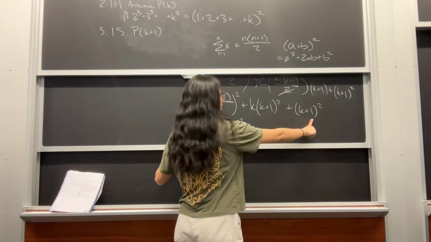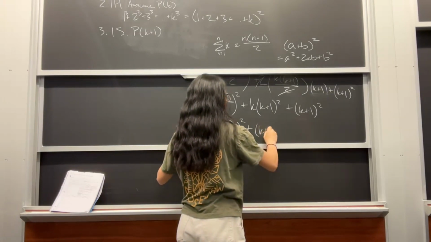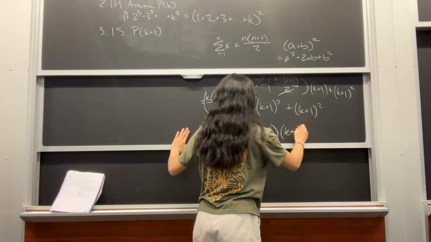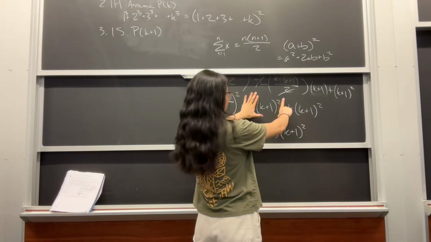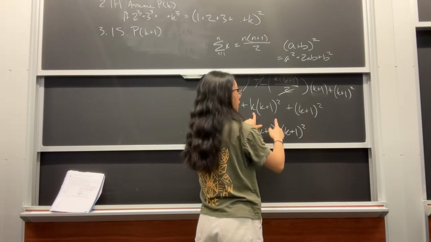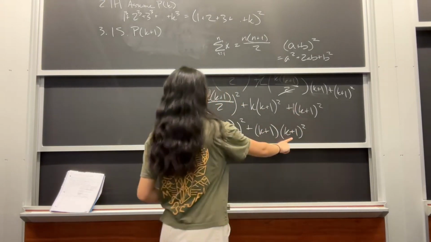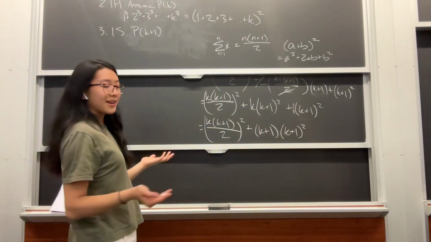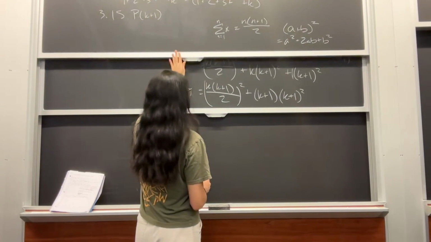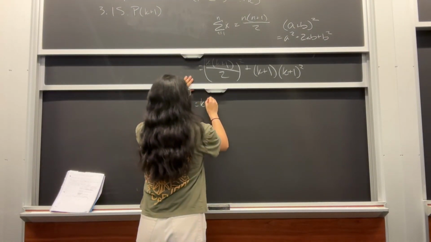And then we're going to factor this out, right? Because we're going to get k plus 1 as our first term times k plus 1 squared, right? Because we're factoring out that k plus 1 squared, and we have a k times k plus 1 squared here, and then that imaginary 1 that's right there. So we have k plus 1 times k plus 1 squared, or just more simply, k plus 1 cubed, and we can keep going.